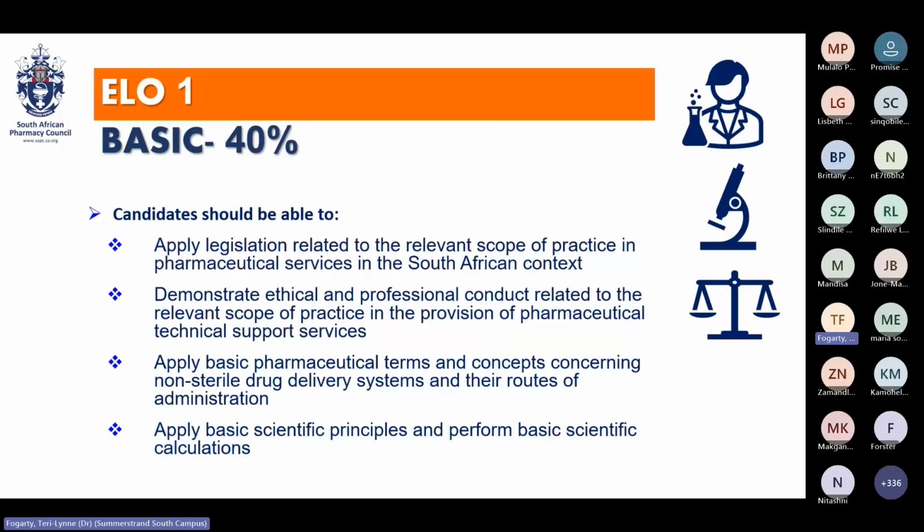And then the final competency is to be able to apply basic scientific principles and perform basic scientific calculations. And hopefully when we do the calculation questions, you will have an idea of what the requirement is for a basic level pharmacist assistant. Most of it is around being able to convert, and we'll go through a couple of slides just reminding you about how to do conversions.